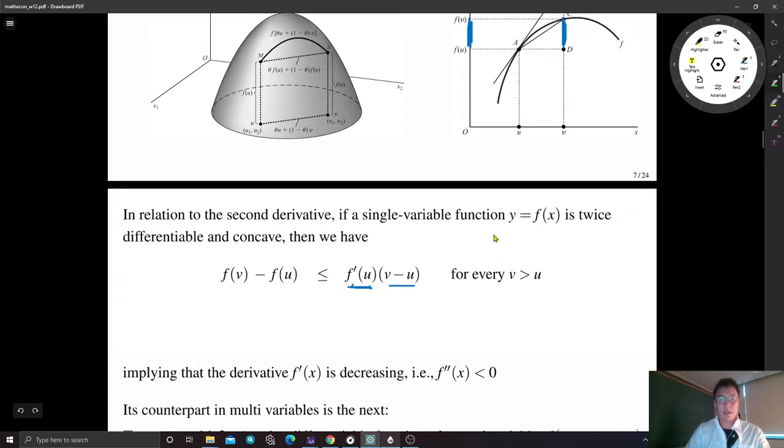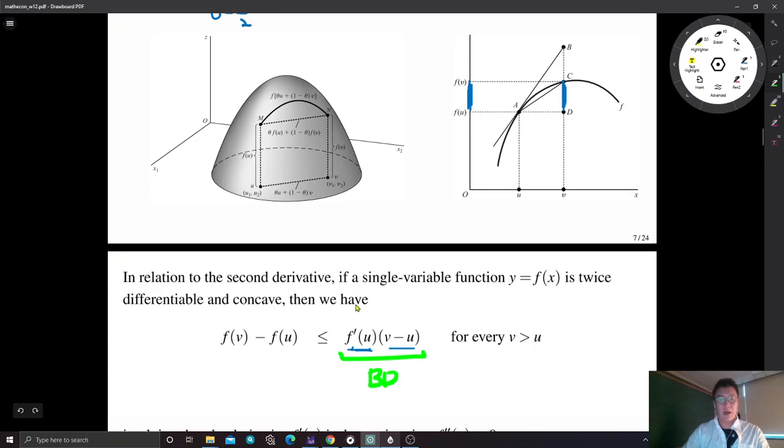And f of v minus f of u will be line segment CD. So we can easily see that BD is longer than CD. So we have this inequality.